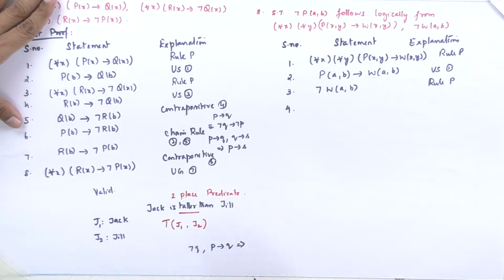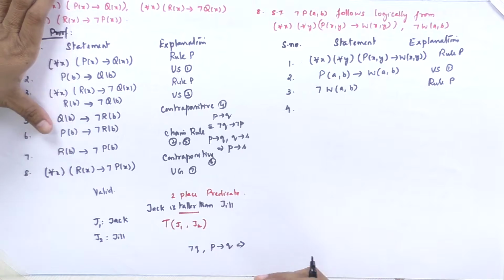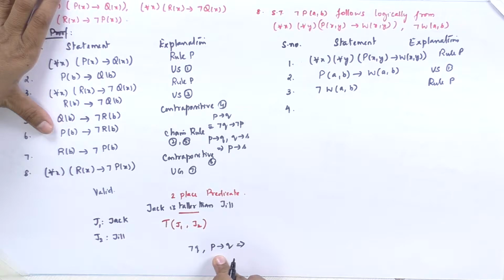Already I have given the list of laws of equivalence and implication. What is this law pertaining to? Whenever we have negation Q and P conditional Q, that is called modus tollens.